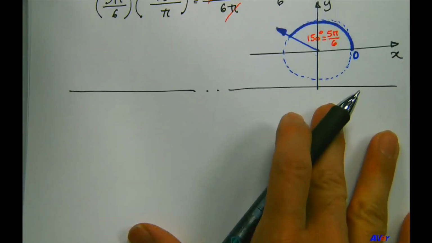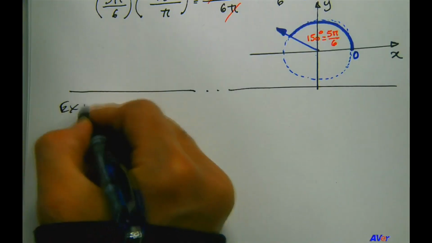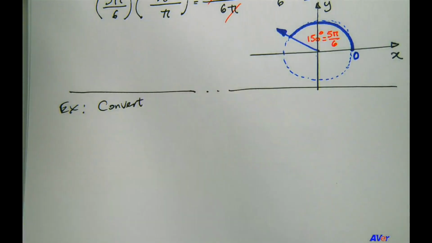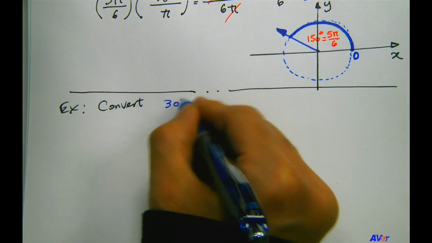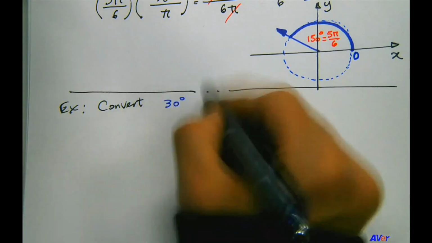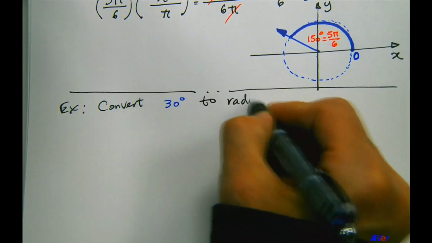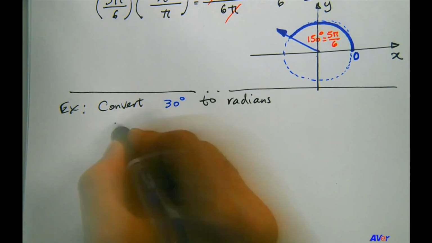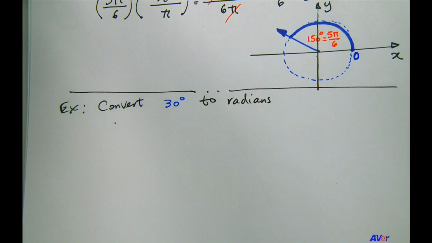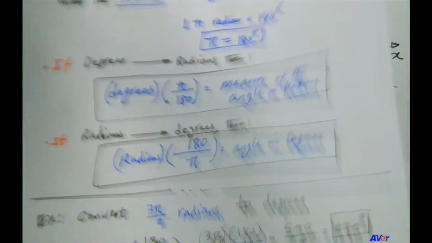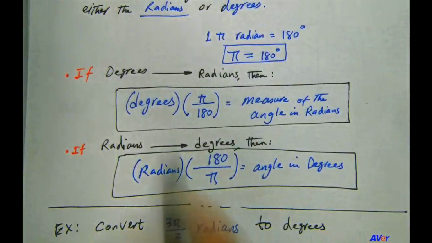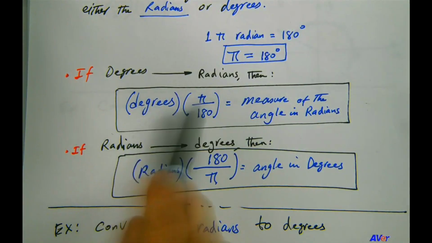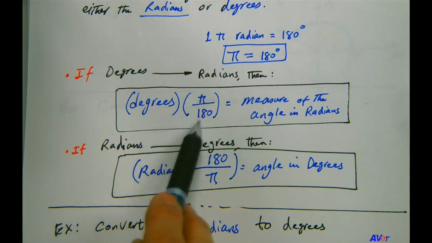So suppose we want to convert 30 degrees to radians. Let's bring back one of the previous slides. So going from degrees to radians, we'll take the value in degrees and multiply it by pi over 180.